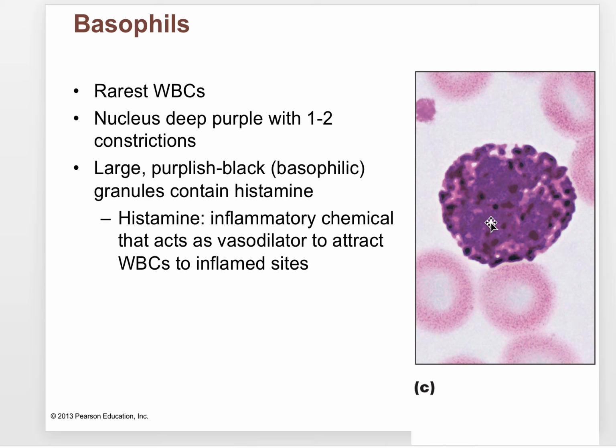Histamine is an inflammatory chemical that acts as a vasodilator. Vasodilator means it dilates the blood vessels and it attracts white blood cells to inflamed areas. So this type of white blood cell is seen in a situation where you have inflammation of a wound, for example. There's a lot of basophils that cause other white blood cells to come in to help clean up the infection or whatever's causing the inflammation.